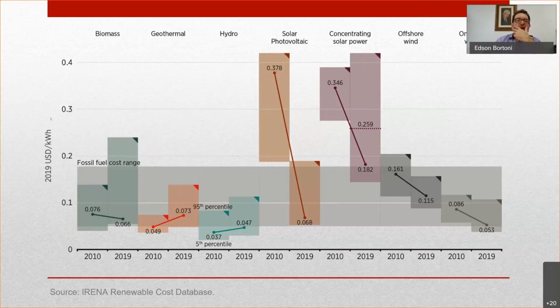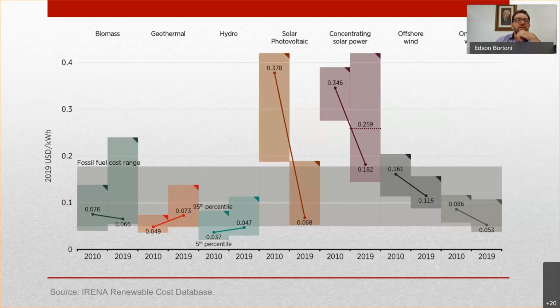Here we have the cost of energy, a view of how it has been reducing over a long time. Here we have 2010 and 2019. So the cost of energy is reducing.